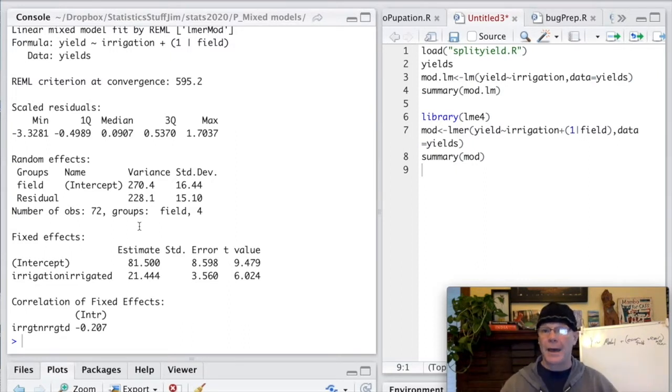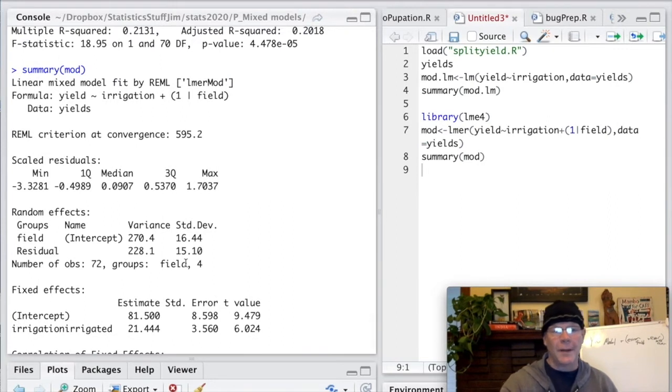And that means that we had a lot more spread around that slope when we put a single slope there. By removing the variation among fields, we've decreased the uncertainty around our slope estimate. And in principle, we might have, as a consequence, increased our statistical power to detect an effect.